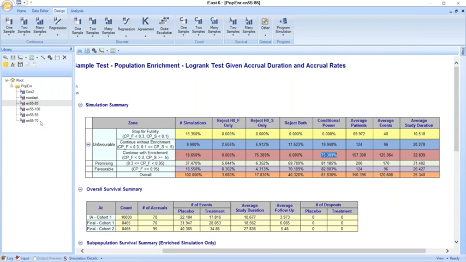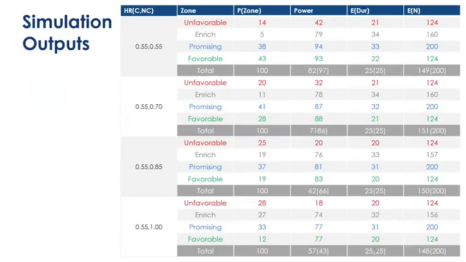And the results of these simulations have been summarized in the table that you see here on the slide, which allows you to see the advantages of the enrichment and how the power in the zone of interest, which is the promising zone, goes consistently to be above 80%, except maybe for only one case here.